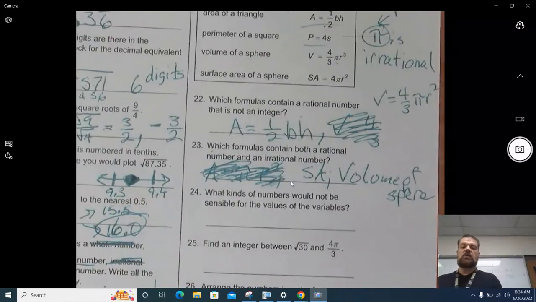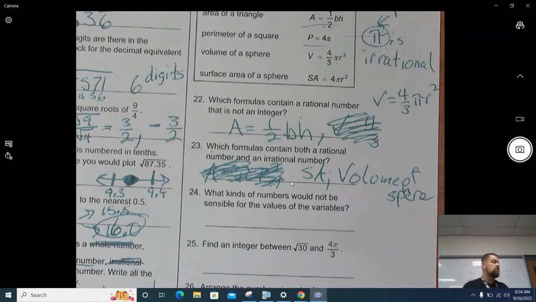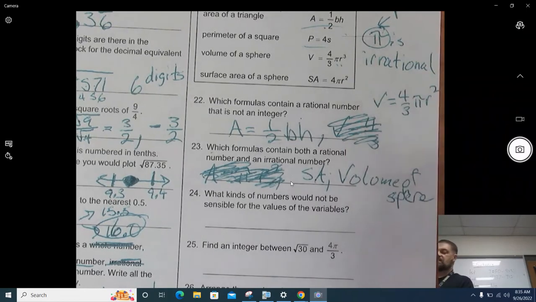Anyways, let's move on to, we only got a couple more questions, then we're done. It says, what kinds of numbers would not be sensible values for variables? I think they're referring to the formulas. So most of these have a base or a height or a radius, right?